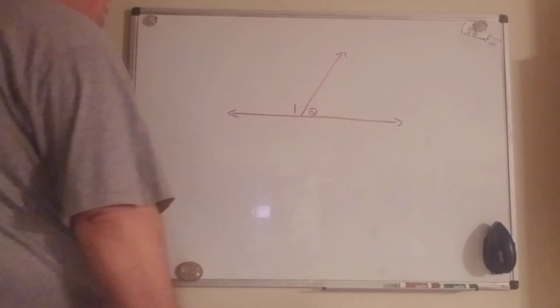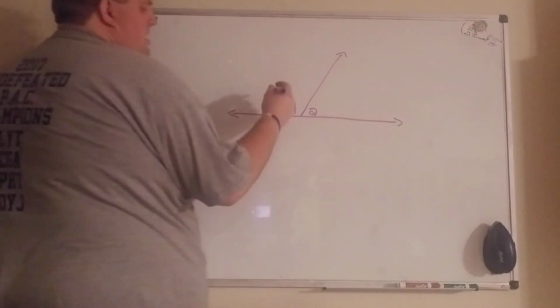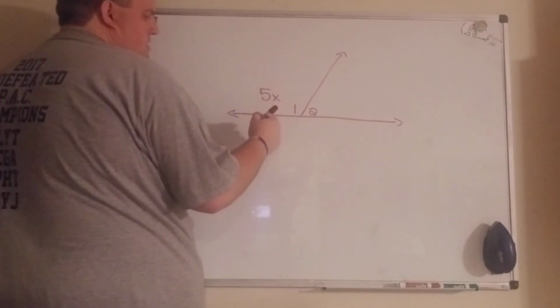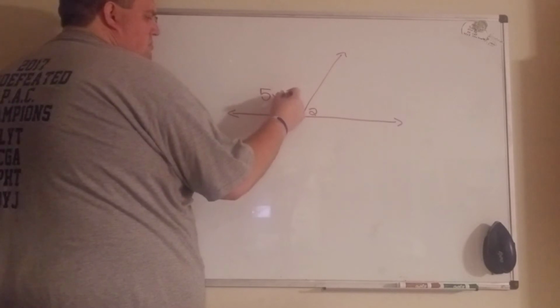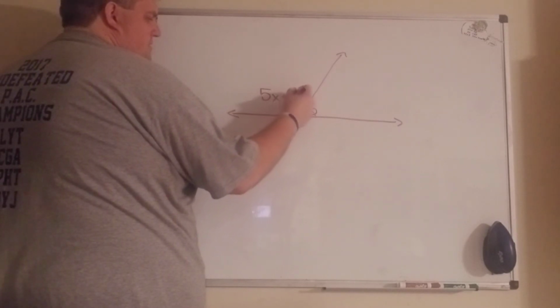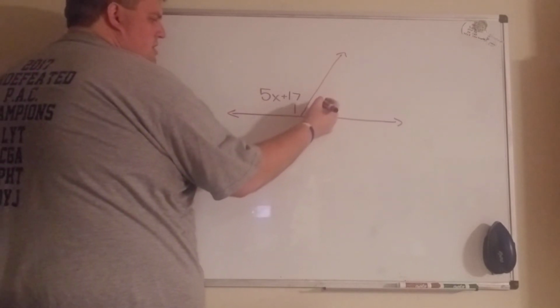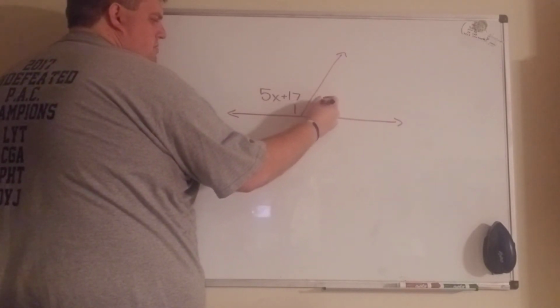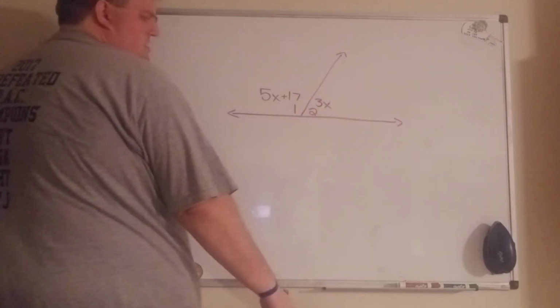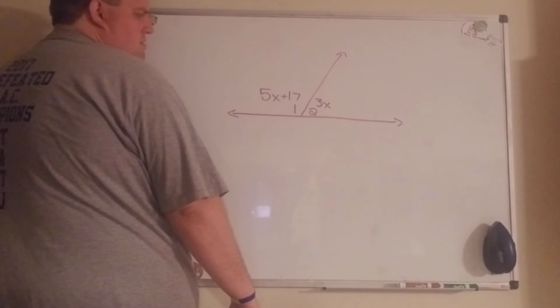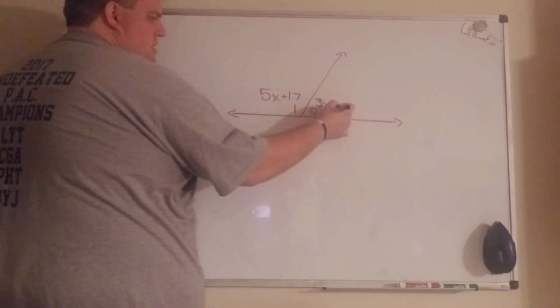And let's say that angle 1 is 5x plus 17, and angle 2 is 3x plus 3.